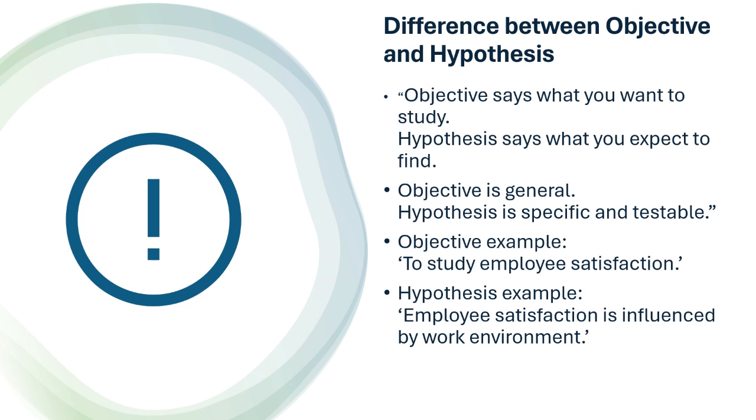To study employee satisfaction is the objective, which is a very general statement, but employee satisfaction is influenced by work environment is a very specific statement, which is hypothesis. In hypothesis, we are considering only two things: employee satisfaction, which is due to work environment. We are not considering other parameters. So there is a difference between objectives and hypothesis.